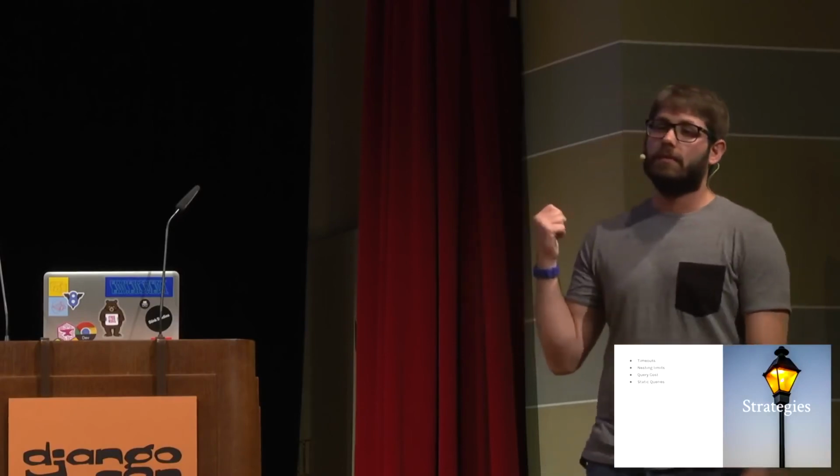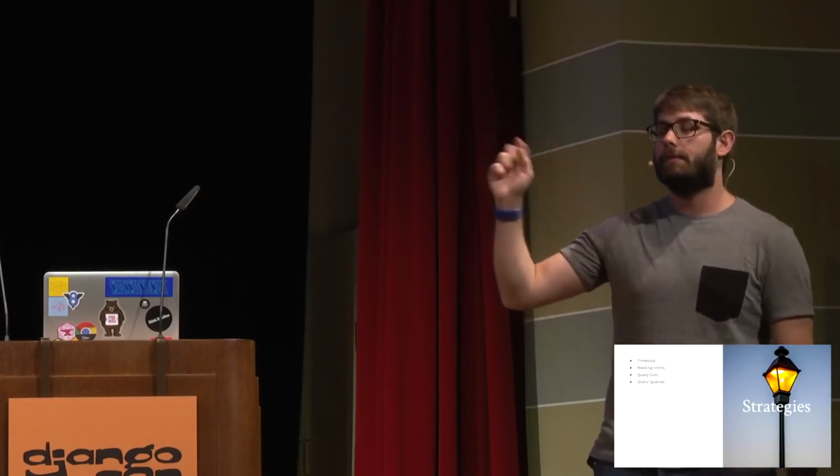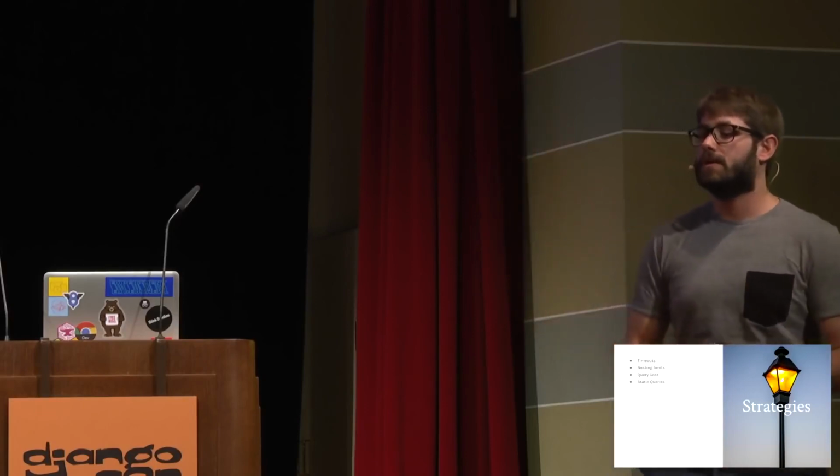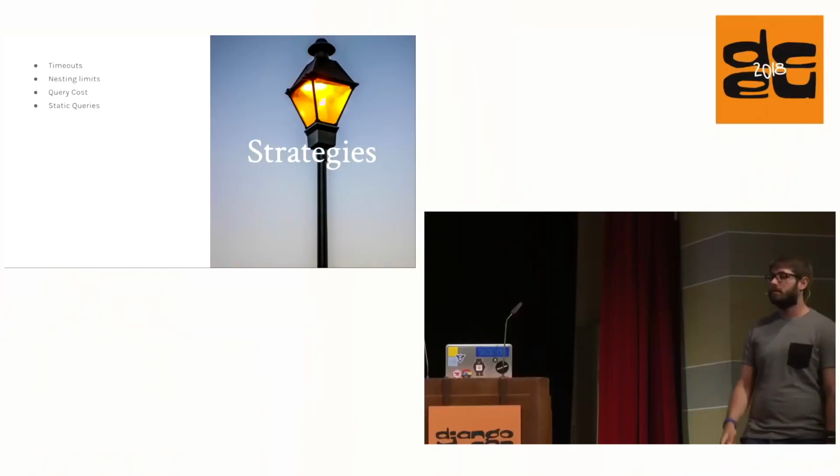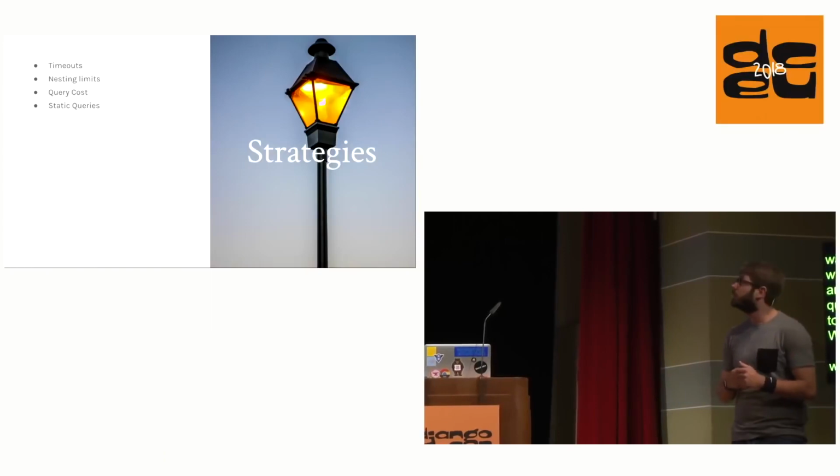Then instead of doing a post request to the server, you can do a get request, saying, oh, I want to do a query with this ID, and the backend is going to get the query for you and return the data. It's easy to cache, because the query is not going to change. It's only going to change if you do another deploy, which is quite handy. And also, if you only have static queries, you won't have any problem with nesting or malicious queries, because the queries are limited to what you have.